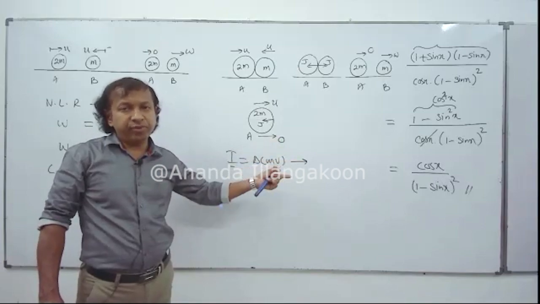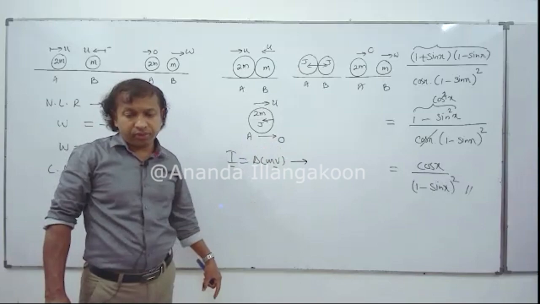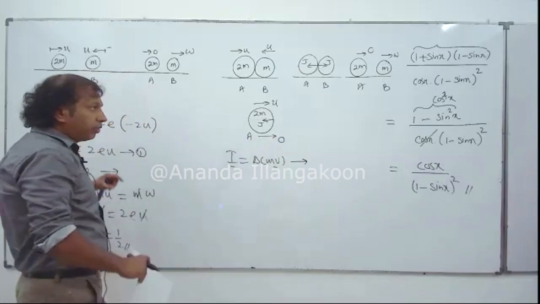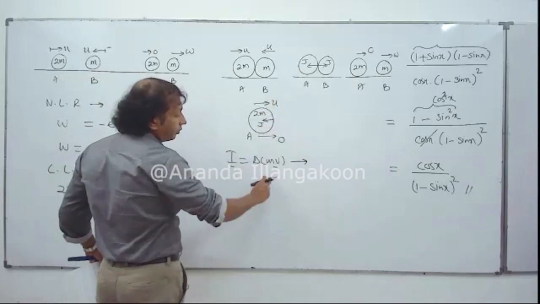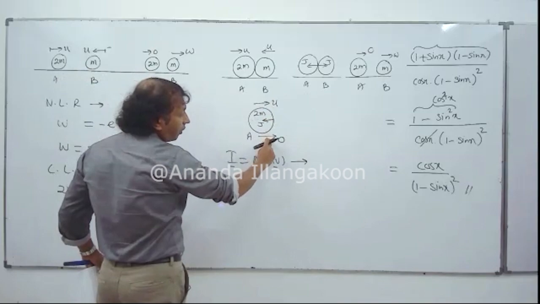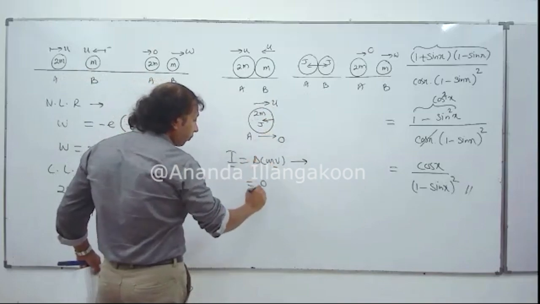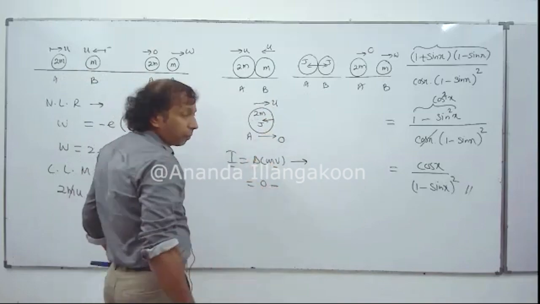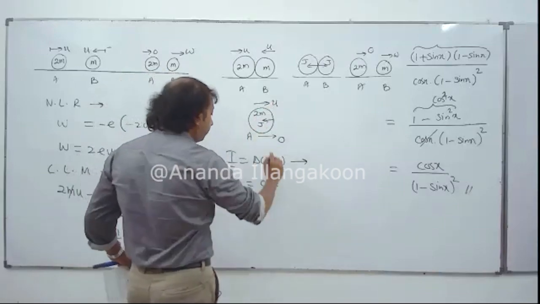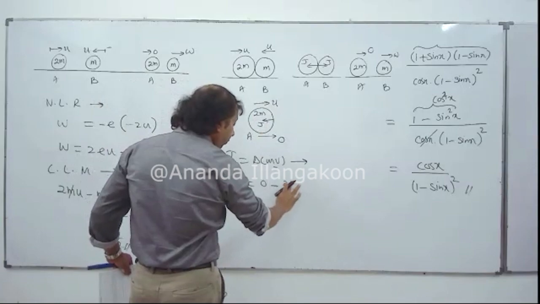Here final means after impact. After impact, rightward direction, there is no velocity, so momentum is 0, minus the momentum before impact in the rightward direction, which is 2mu.